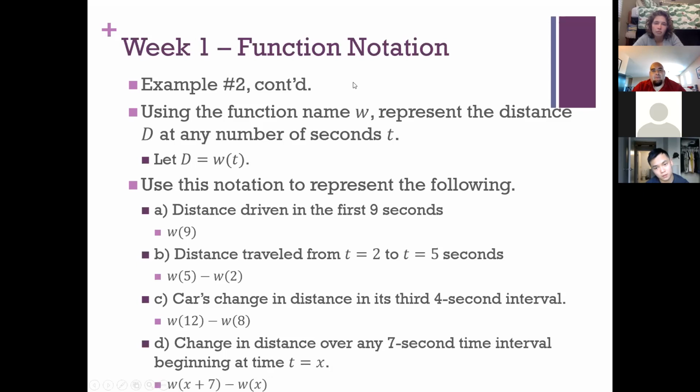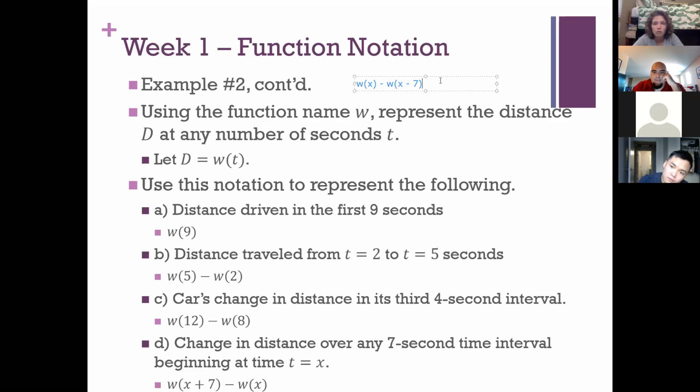So I want to annotate something because there's another answer I get for this that is very close and that I always have offered to me. So I want to just talk about why it doesn't quite work. So what about this? W of x minus W of x minus 7. First of all, the thing that I have typed in blue at the top of this slide here, is this going to give me a distance over some time interval of 7 seconds?